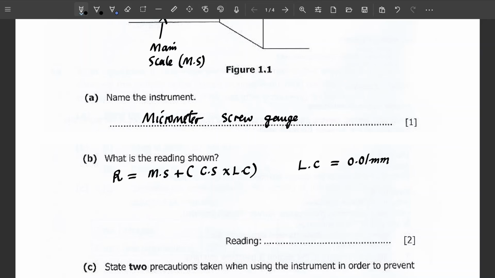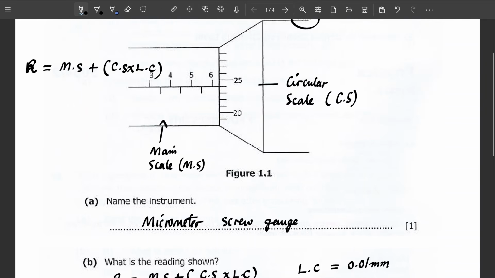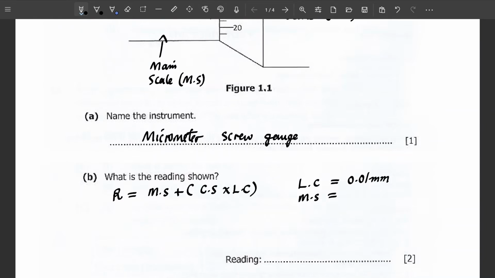Now let us look at the main scale reading. Main scale reading can be obtained by reading the last digit here. This last digit is actually 6, meaning that the main scale reading is 6 millimeters.